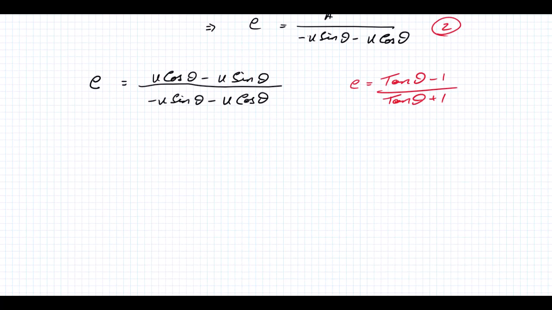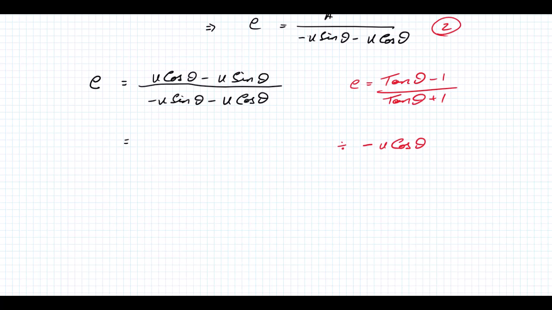So let's do that. So e then is just going to be equal to, remember we're going to divide by minus u cos theta to get rid of those u's as well.